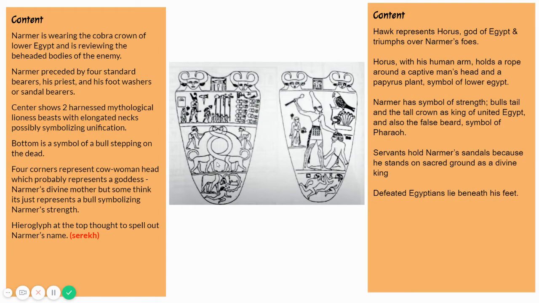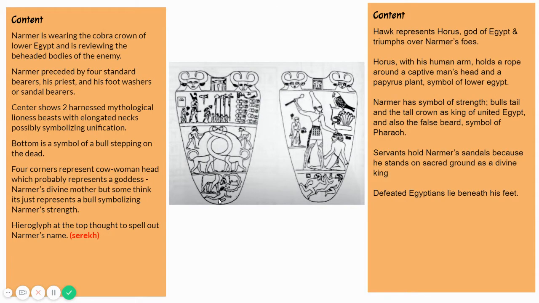Okay. At the bottom here, we have a symbol of a bull that is stepping on the dead. So the bull represents the strength of Narmer and the defeating of the enemy.